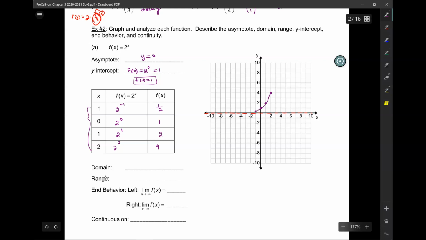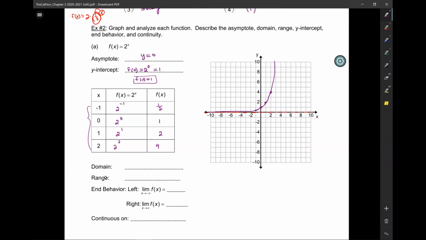So let's be careful here. This is not a graph. This is connect the dots, and it was fine back in kindergarten. But now, since this is an exponential function, we need to show the two characteristics. A, that it increases rapidly, and B, that it follows that asymptote to the end. All right, cool.